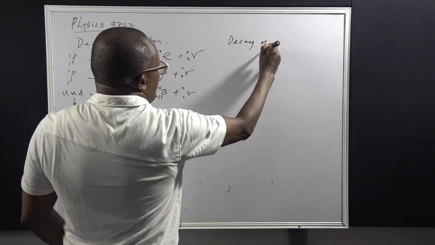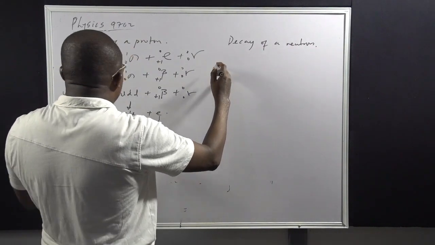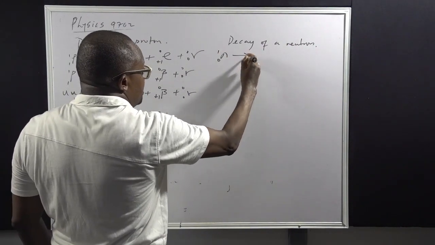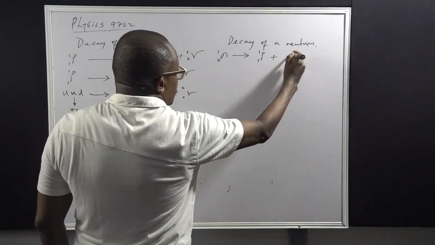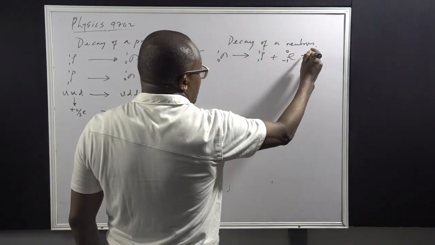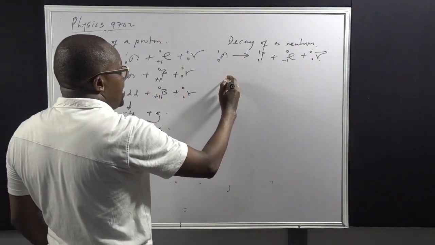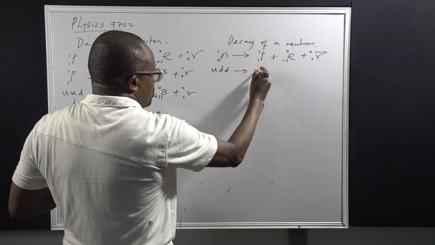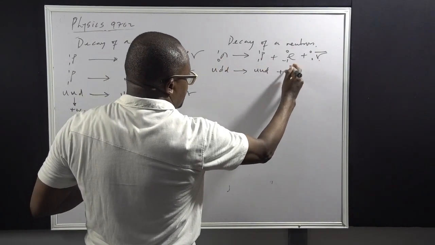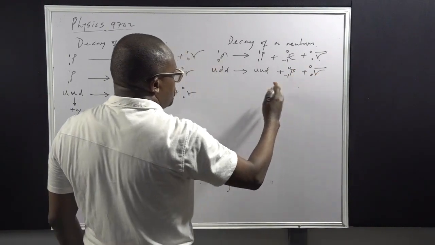Then decay of a neutron. When you have a neutron, 1, 0, it decays to a proton, 1, 1, plus a negatron with an antineutrino. The same thing applies here. This is up, down, down to give you up, up, down plus a beta minus particle and an antineutrino, neutrino with a bar.